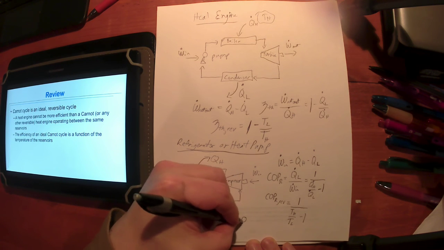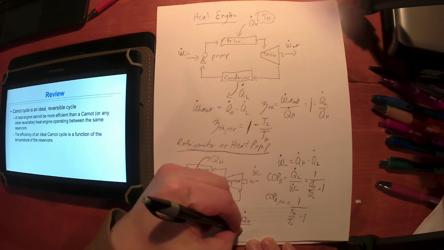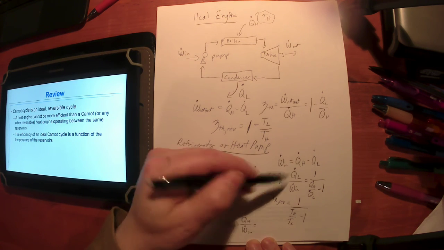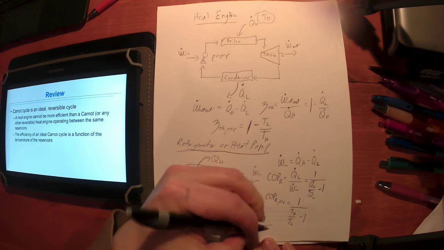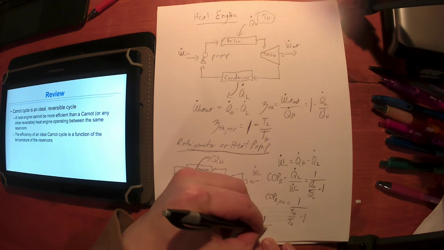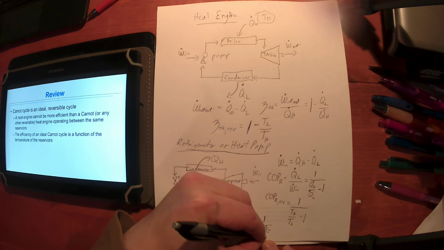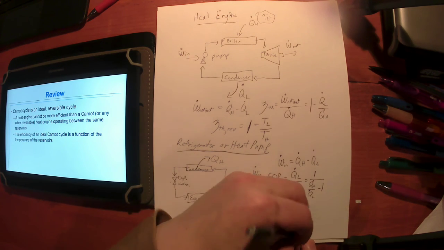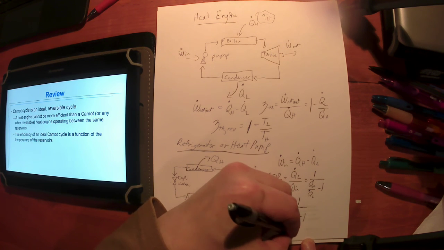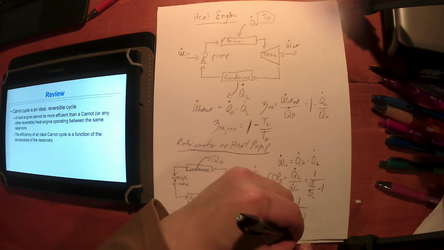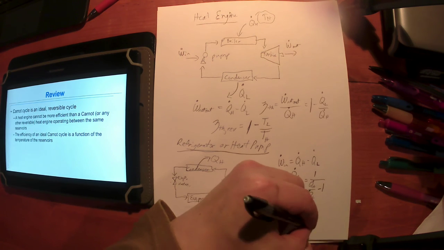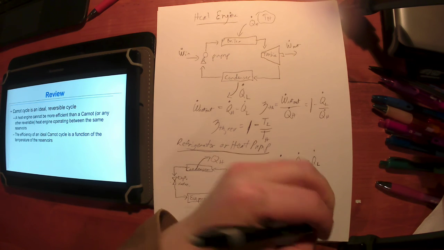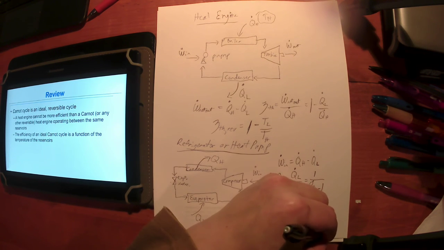COP for the heat pump, that being Q dot H, my desired quantity, divided by W dot N. And that's equal to, plugging this in here, 1 over 1 minus Q dot L over Q dot H. And again, if I've got a reversible heat pump, COP for that reversible heat pump would be 1 over 1 minus TL over TH.